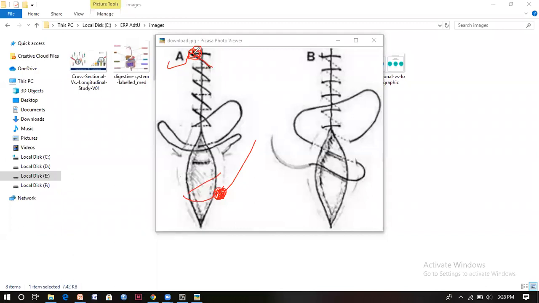Okay, this portion with a suture, you are going to cut this portion. Okay, and then while cutting, you will hold on this portion, the red portion you are going to hold, and you are going to pull it up.